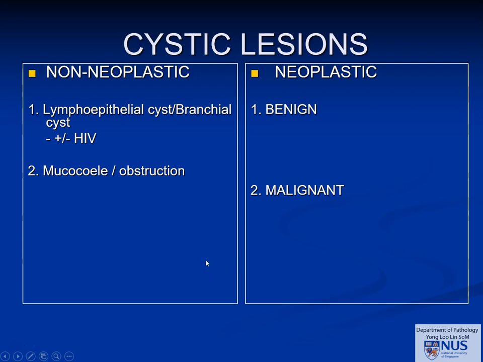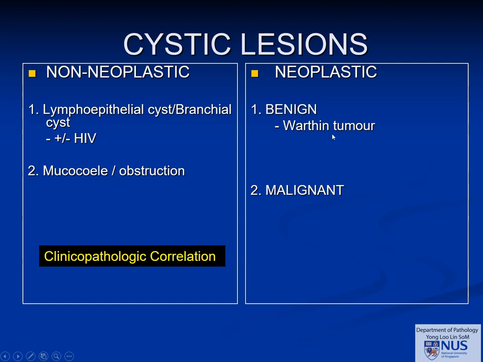Now, in terms of cystic lesions, again, we have non-neoplastic versus neoplastic. Non-neoplastic would include lymphoepithelial or branchial cleft cysts and obstructive cases or mucoceles. For this, you really would need some degree of clinical pathologic correlation. For neoplasms, the most common one would be Warthin tumor, and we can also have other neoplasms with cystic components.